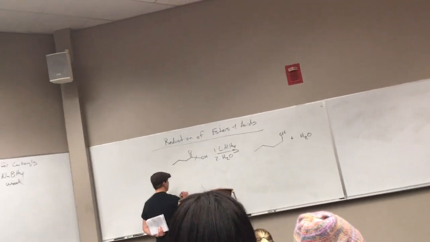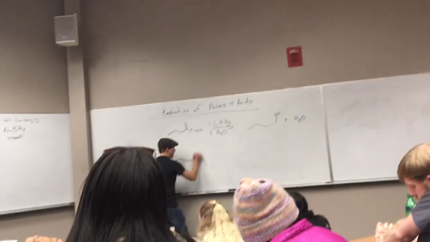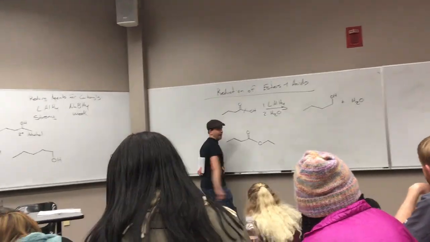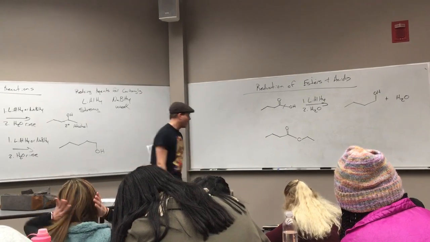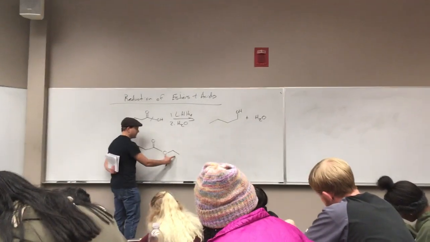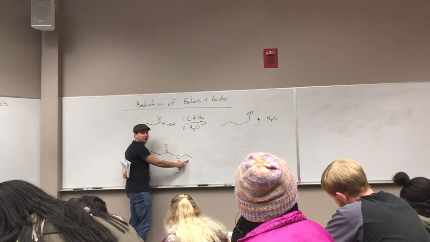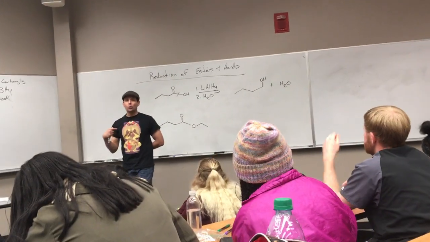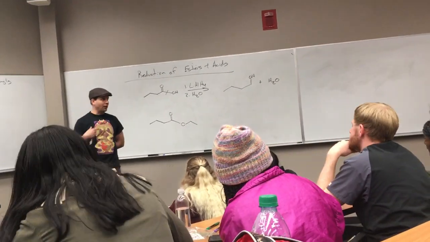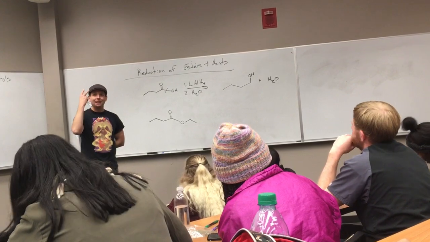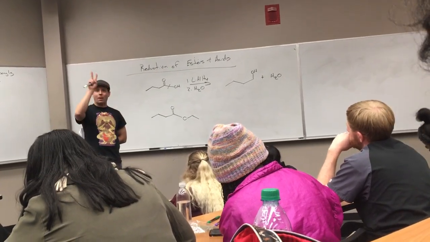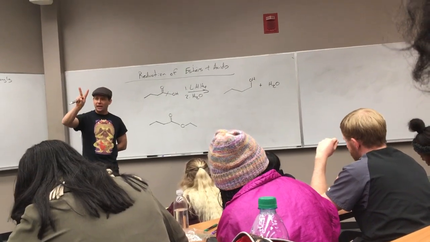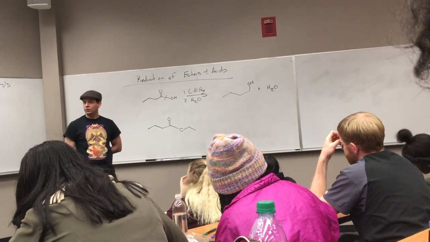If instead of a carboxylic acid, the compound is an ester, I will still do the same thing. But notice, this is not OH. So it's not going to turn into water. It's going to turn into a second alcohol. So the reduction of esters gives me the formation of 2 different alcohols. Okay?